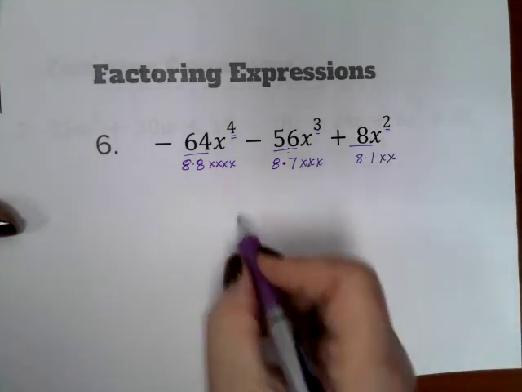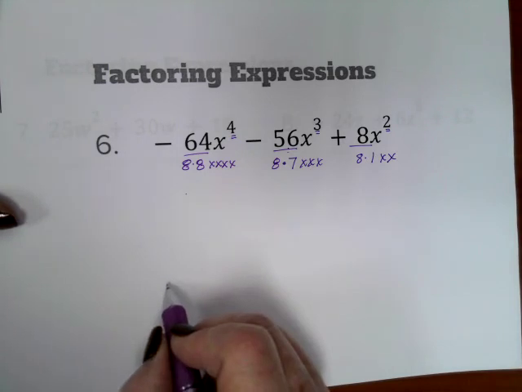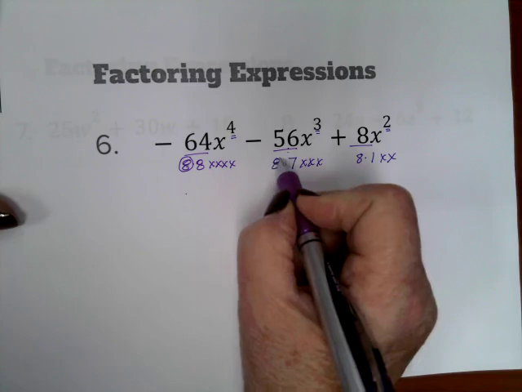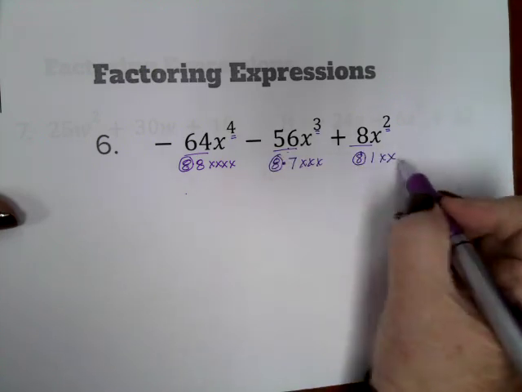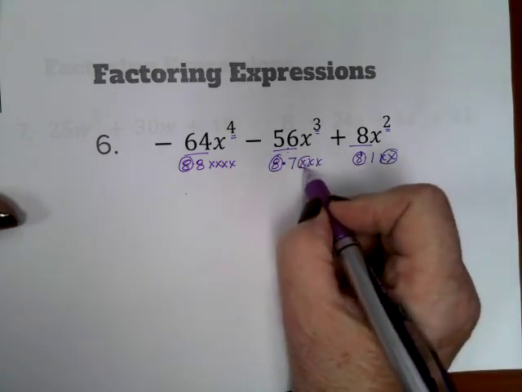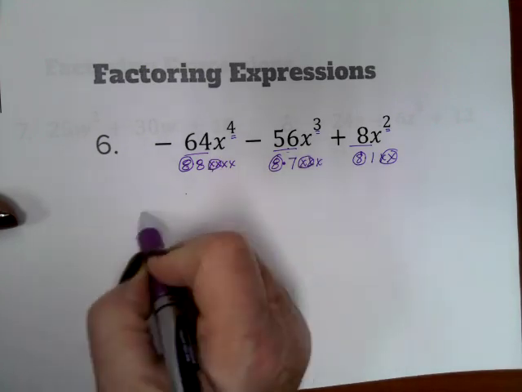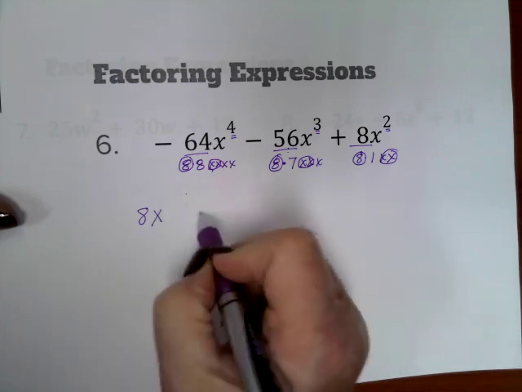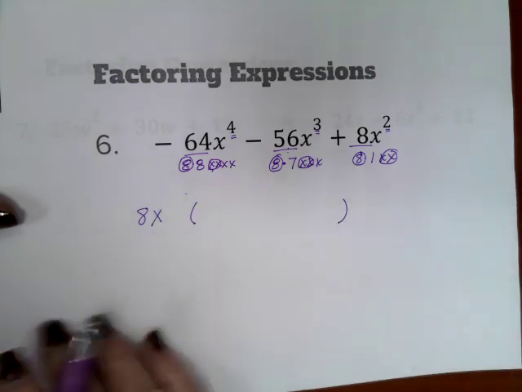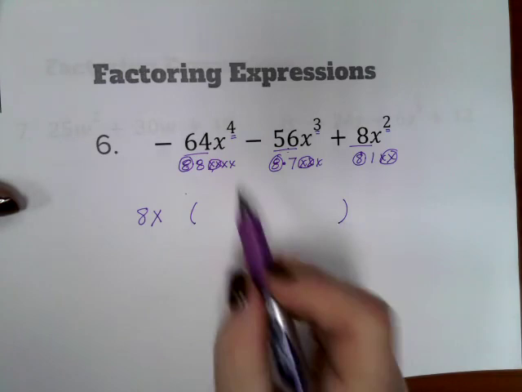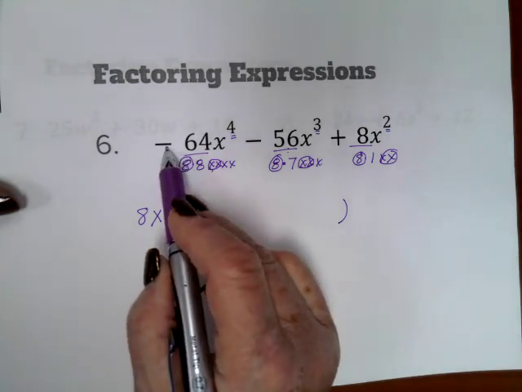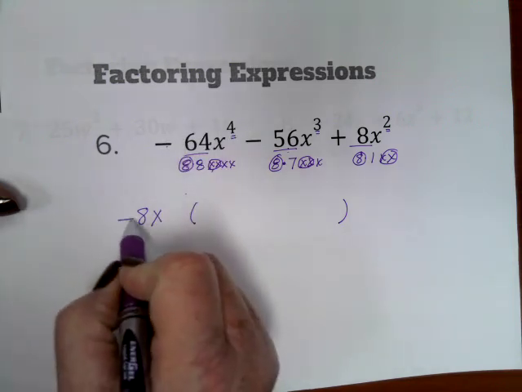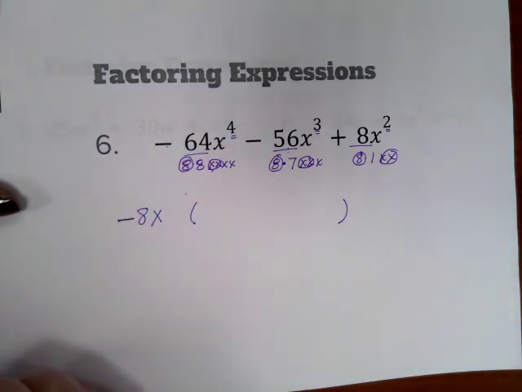All right, okay, what do they have in common? Well, they have an 8 in common, and they have 2 x's in common. So 8x squared is going to be the GCF. Now, if the first term has a negative, we have to factor out the negative. The negative will come right here in the front, okay?